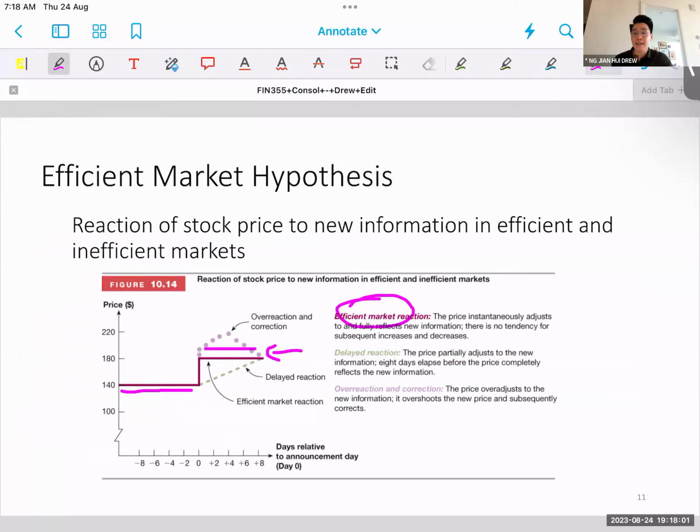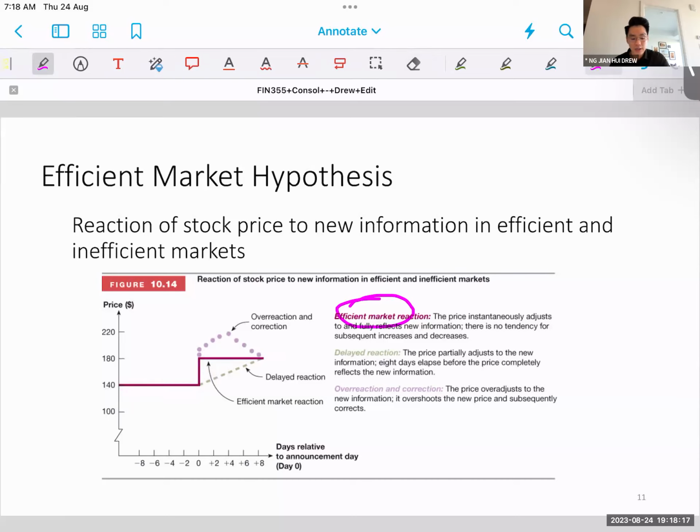However, we know that most of the time when there's new information, it could be an annual report or when they announce their earnings, the market takes a bit of time to adjust, in the sense that it might go up slowly to the new price, or there might be an overreaction where it goes up and then the market realizes, hey, actually the information is not so positive, and then it goes down again, right?